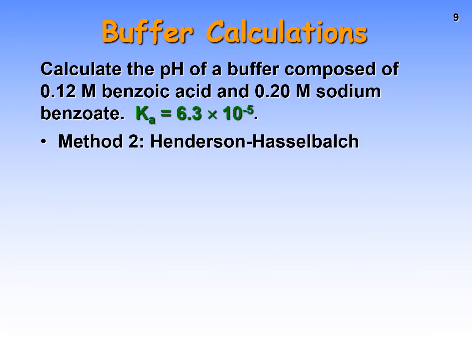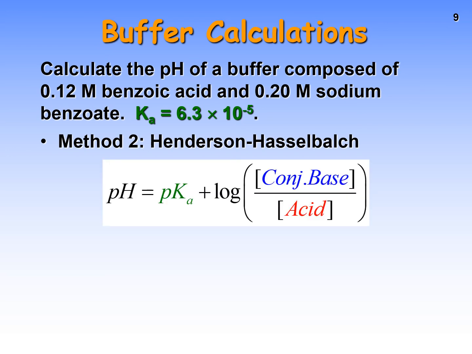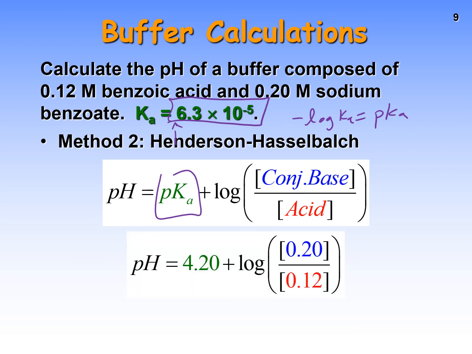So if we're going to use the Henderson-Hasselbalch equation, we know it looks like this, right? How do I get pKa? Well, I have Ka, and I know that negative log of Ka is equal to pKa. So if I take the negative log of 6.3 times 10 to the negative 5, I get 4.2.